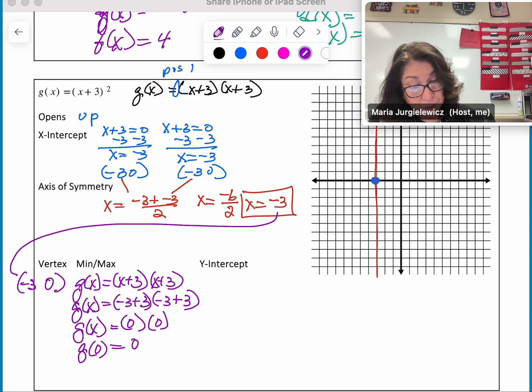So that point that we found as the x-intercept is also going to be my vertex. So that is the vertex, and that is the x-intercept.